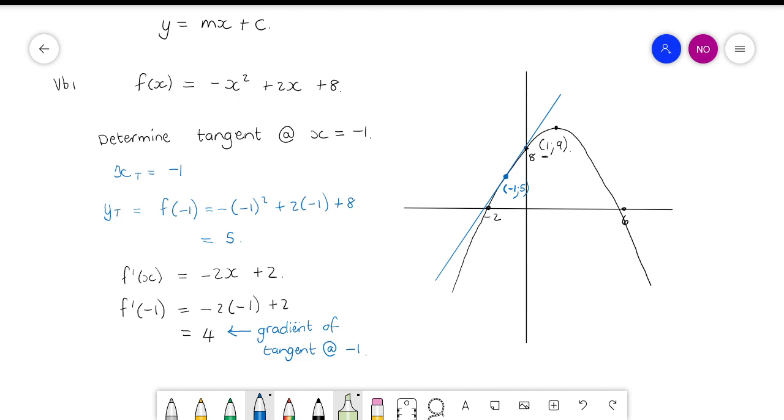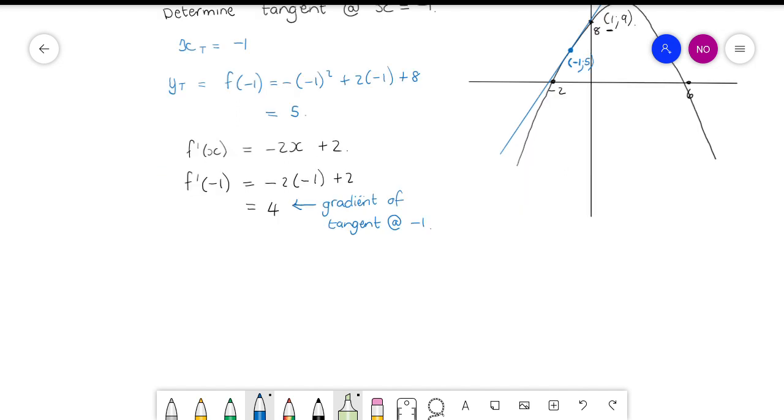Yeah? Okay. And it's as easy as that, because now you know that y is equal to 4x plus c. Ek het die gradiënt.